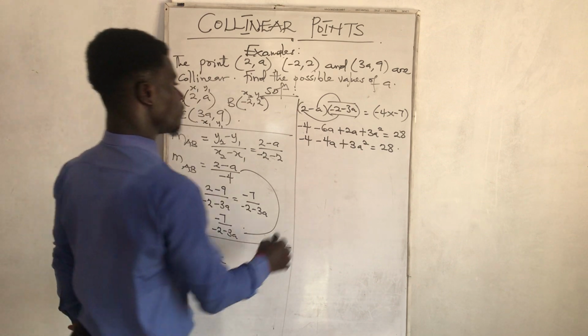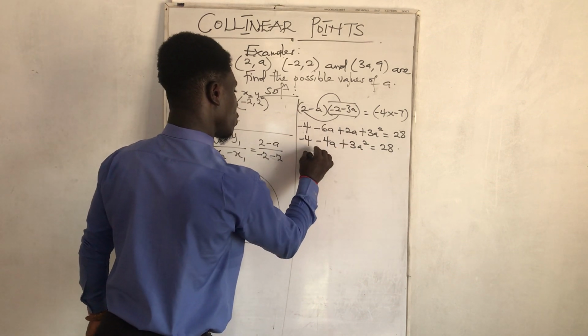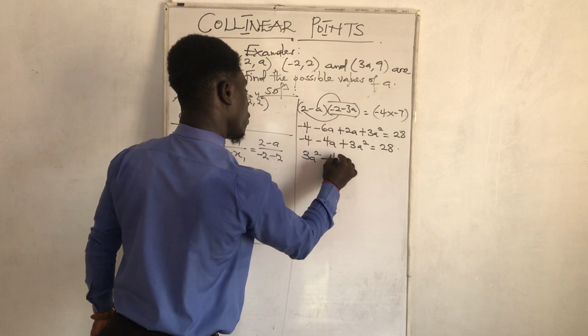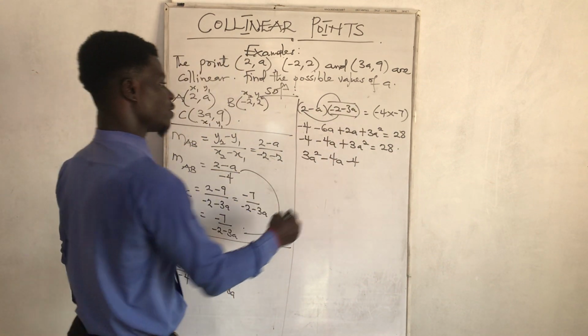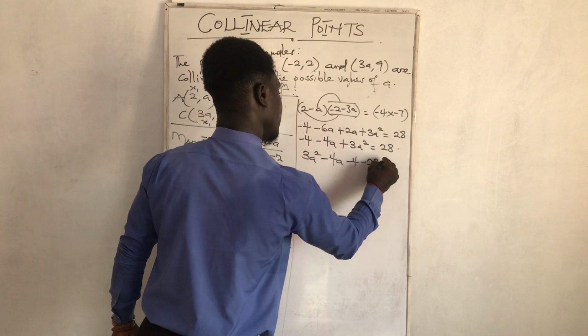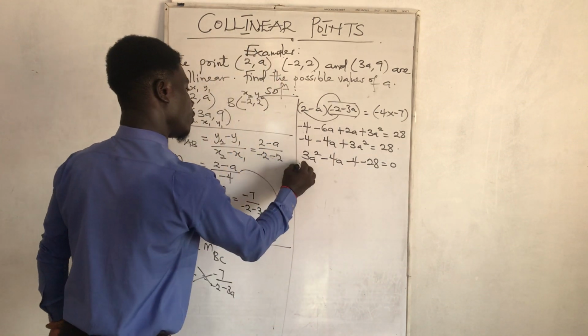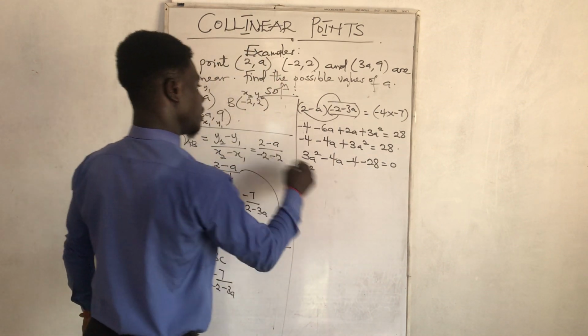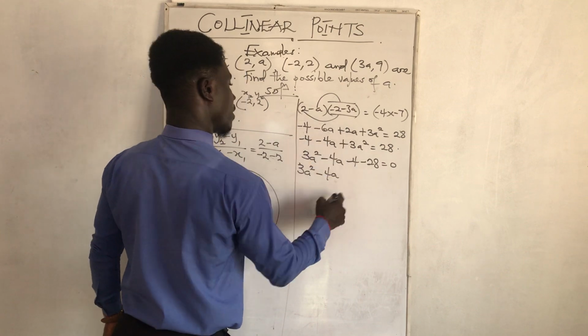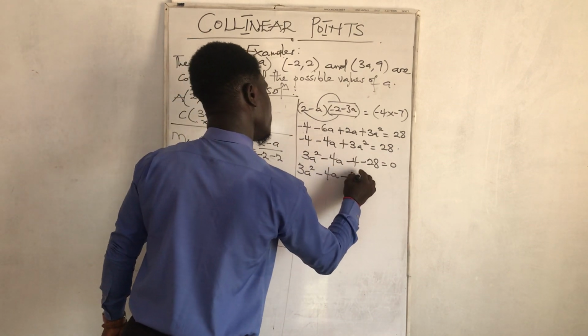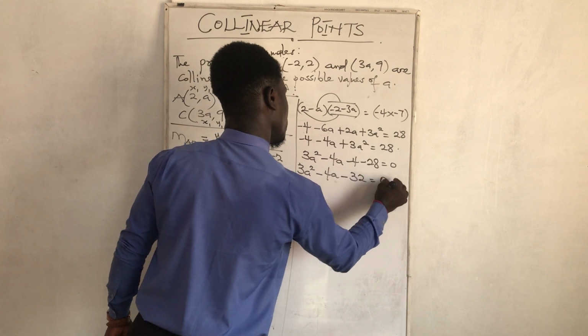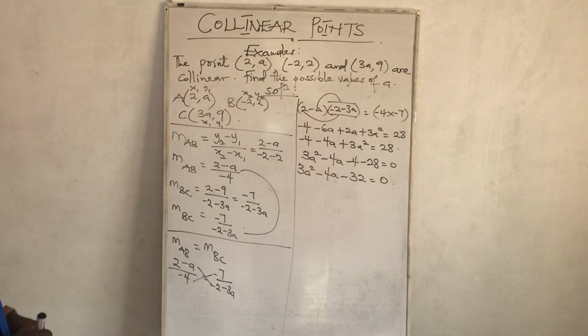So now, I have 3a squared minus 4a, then minus 4, then I'll bring this 28 to the left hand side, so minus 28, which is equal to 0. So 3a squared, then minus 4a, then minus 32, which is equal to 0.